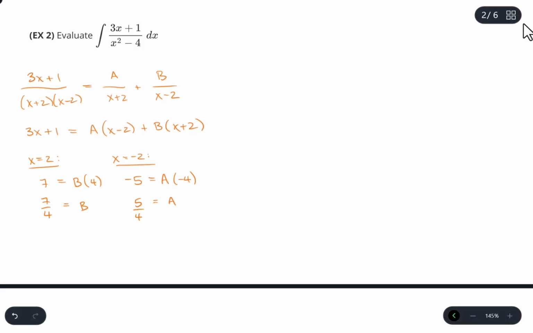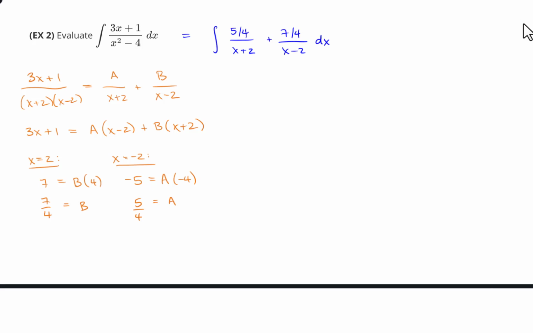All right, so that means I can rewrite this original statement as the integral with 5/4 over x plus 2 plus 7/4 over x minus 2 dx. And then both of those will integrate pretty easily because the numerator is almost the derivative of the denominator in each one.